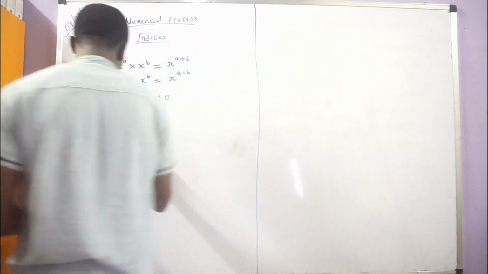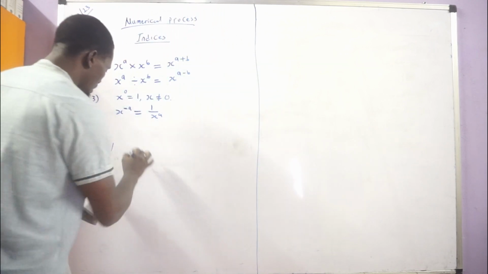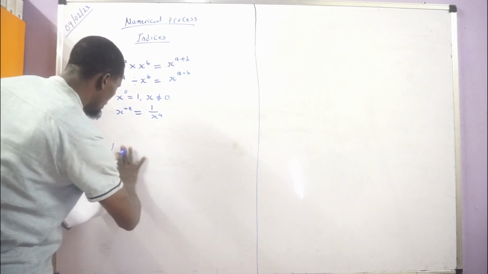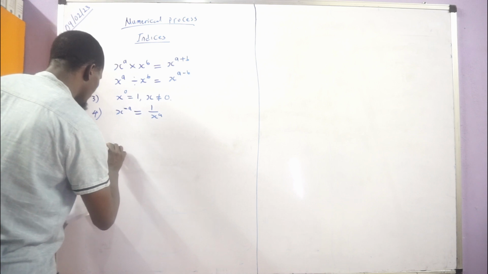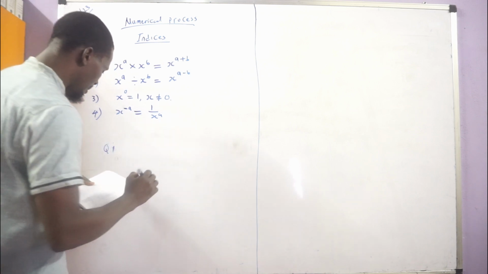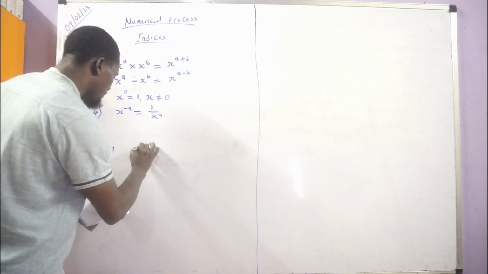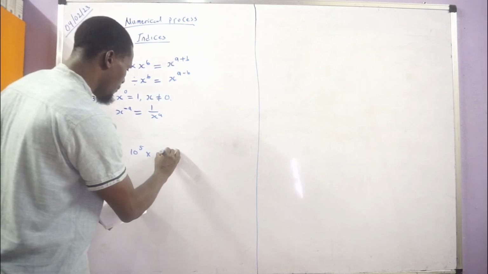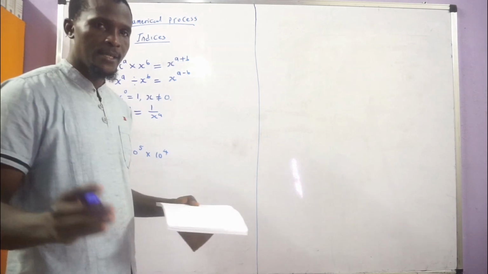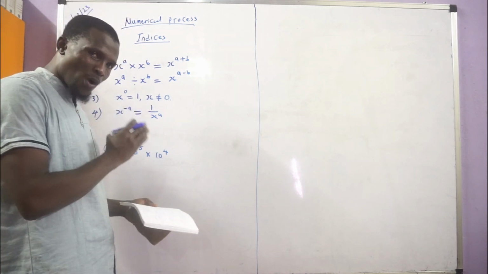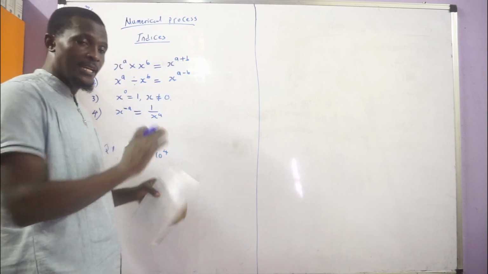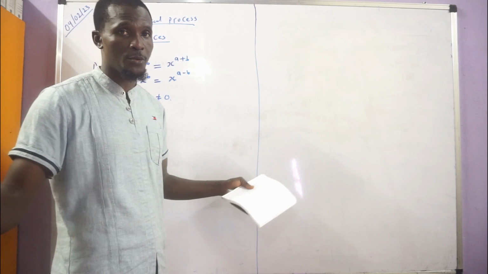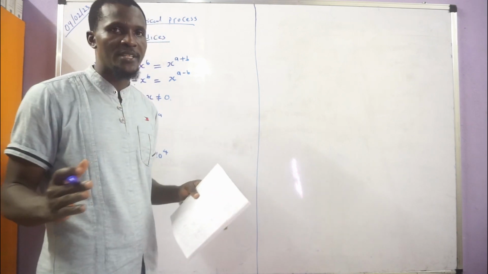I start with the first question. Let me write question 1. Question 1 is 10 raised to power 5 multiplied by 10 raised to power 4. In this class we are starting with simple questions to complex questions, so just go along with me.